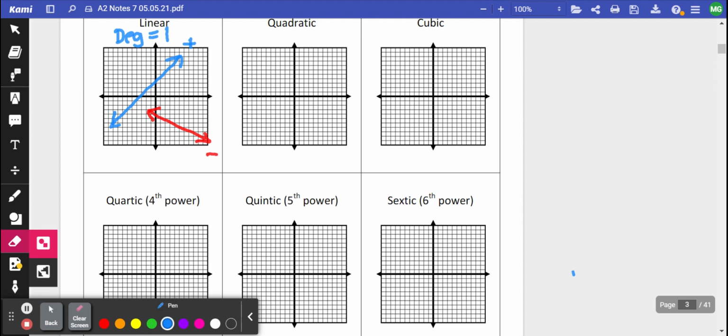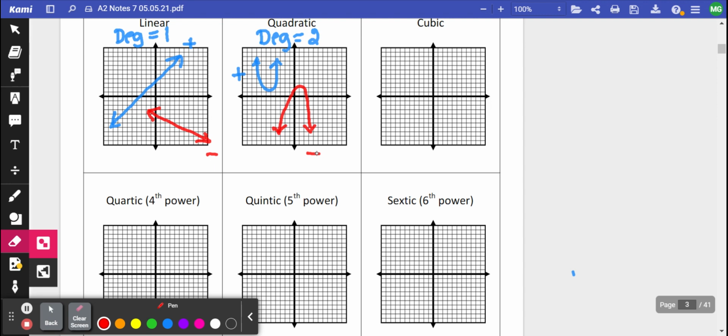Okay. For the second one, a quadratic is degree 2. That's like y equals x squared or y equals x plus 2 squared minus 7. Okay, so for degree 2, it's just going to be x squared is our largest exponent. Positive lead coefficient is going to look like this. Okay, and we know the negative lead coefficient reflects it.